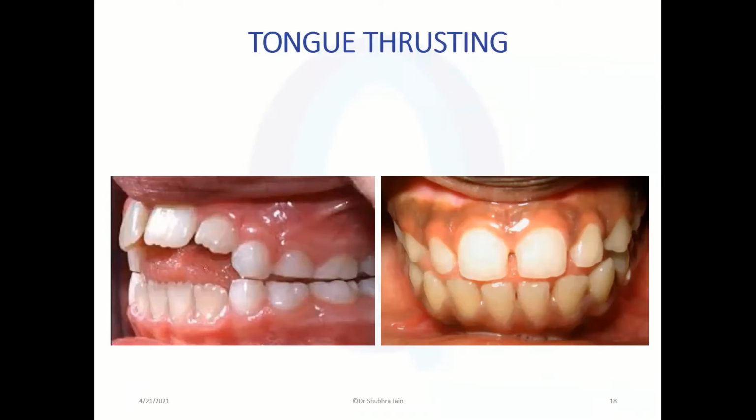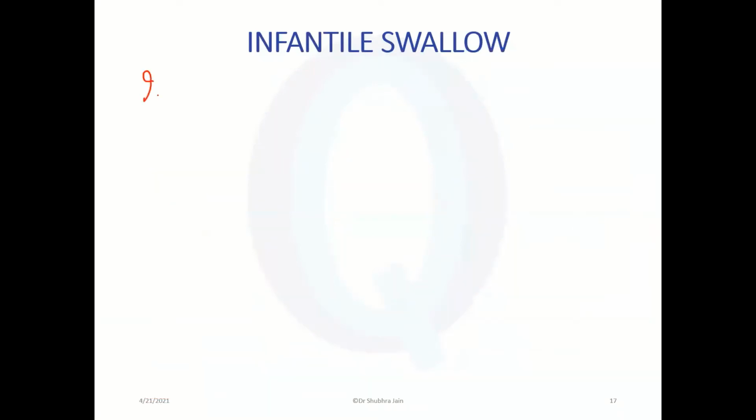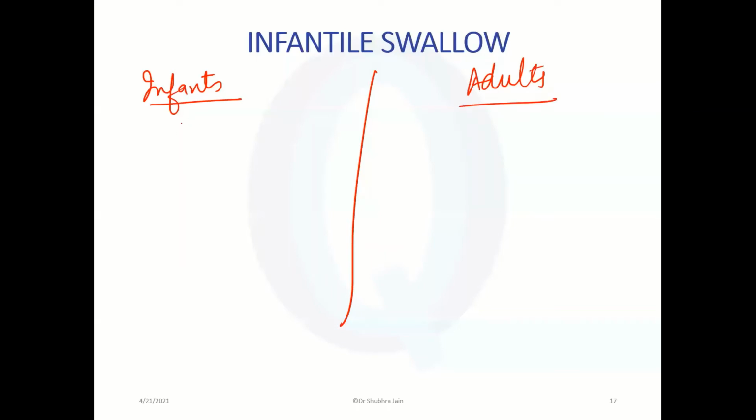So this is how tongue thrusting looks. Let me just check once again, in infants and adults. Let's go back to a very simple stage. First there is a suckling reflex.